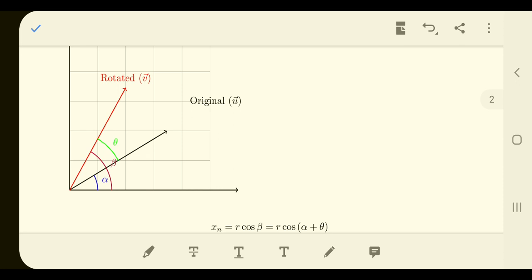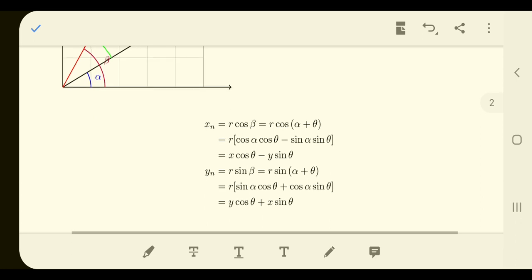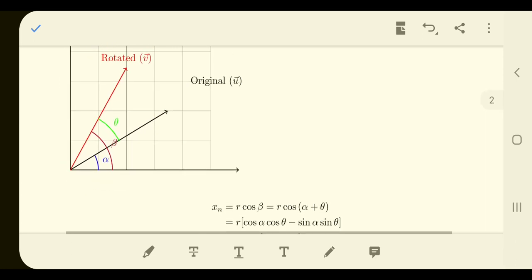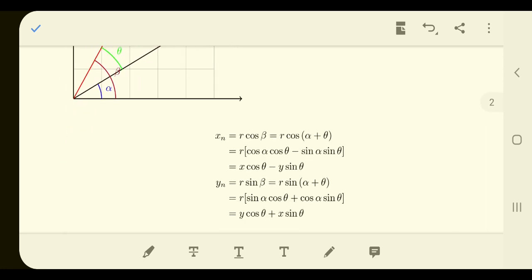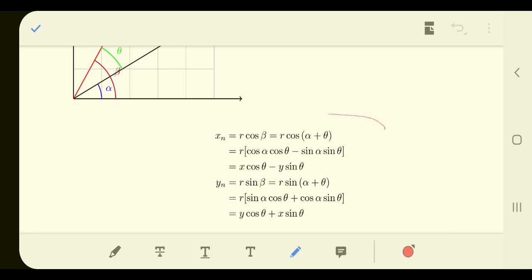Now we want to rotate it by a theta angle so that it reaches beta from the x-axis. The coordinates of the new point v, let them be x' and y', can be found using these equations.